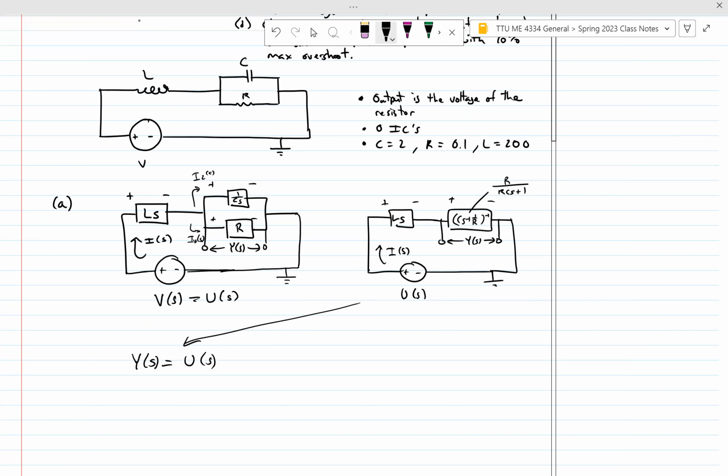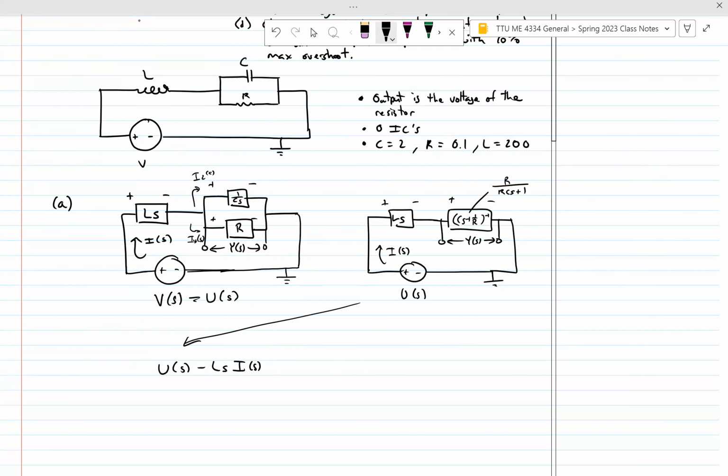Y of S is equal to U of S minus LS. Where are you getting that from? Voltage law? Okay. Sure. All right. So maybe just for everybody else, U of S minus LS times I of S, right?